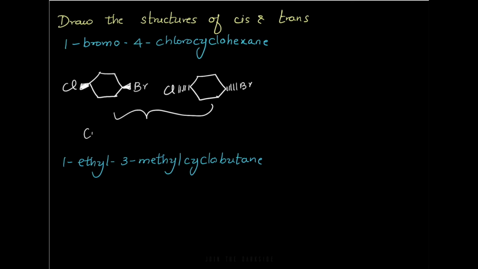These both are actually cis-1-bromo-4-chlorocyclohexane. Now if you want to draw the trans configuration, you have to make sure that you put one bond pointing towards you and the other bond pointing away from you. So this is going to be trans.